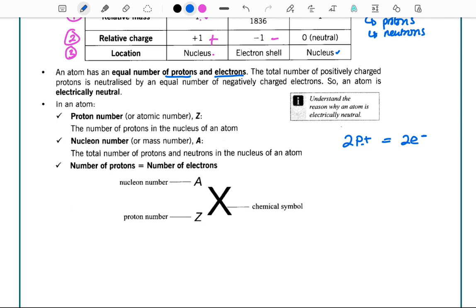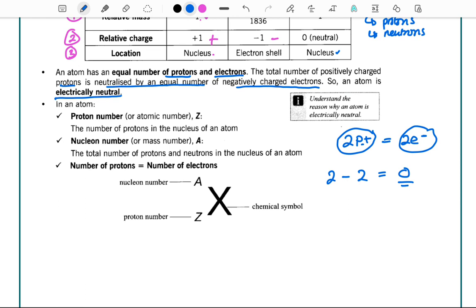And the total number of the positively charged protons is neutralized by the equal number of negatively charged electrons. So if we have this positive and this negative, the two will neutralize each other. In other words, 2 minus 2 will be equal to 0. In other words, we'll find ourselves having a neutral thing. So an atom in general is electrically neutral.